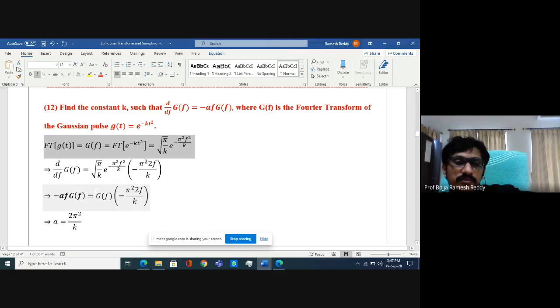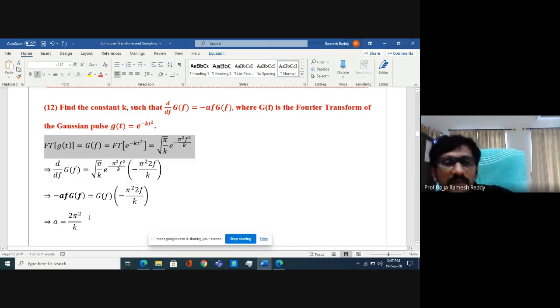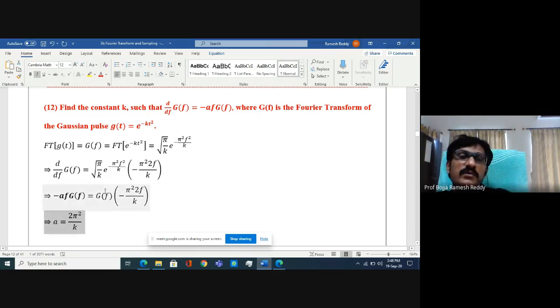Now compare these two. G of f gets cancelled, f gets cancelled, and the minus gets cancelled. The remaining term gives a is equal to 2 pi square by k. That's all. That is the procedure to evaluate the constant. This is actually a difficult question, but we have to know this formula. What is that formula?